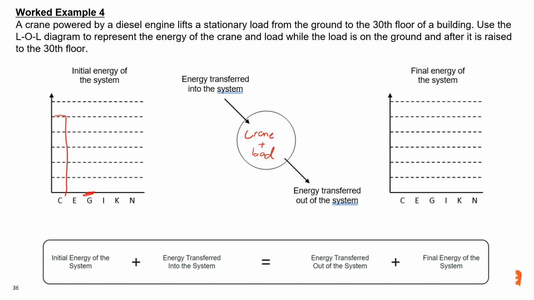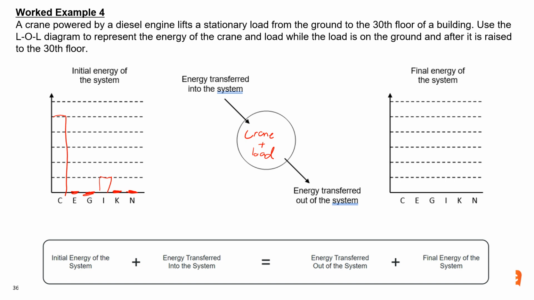Internal store, our diesel engine, we can say maybe it has a bit of temperature, quite hot because it is a diesel engine. Maybe it was already running or it's a hot day. We just put it at 1 unit. Kinetic store K, it says the load and the crane are stationary, so again 0. And the nuclear store also 0, because over here we don't have any nuclear reactions going on.